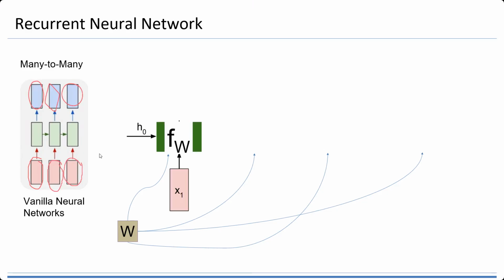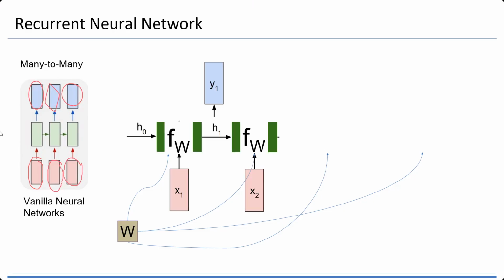So the structure will be similar to the one to one or the common RNN, but now it has an output. When we finish calculating, for example, H1, after we have H1, we can produce an output.